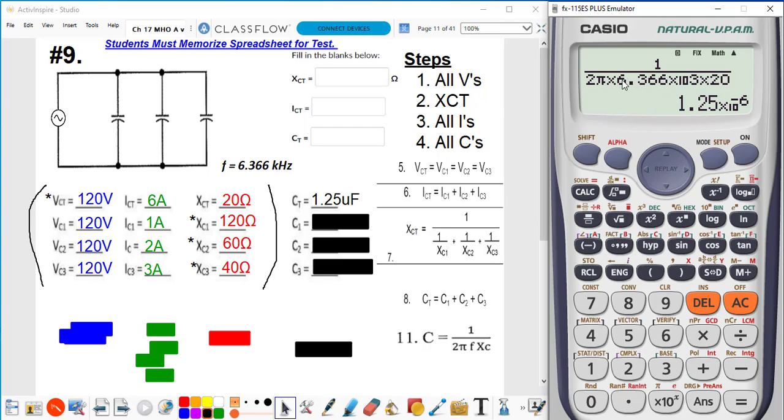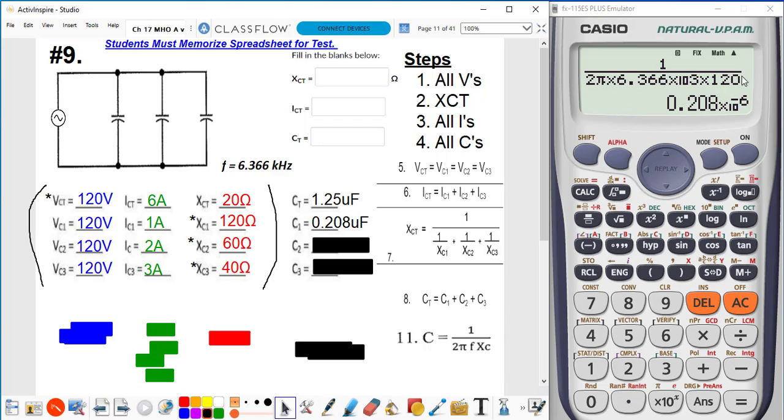Alright, so next we're going to change this 20 to 120. Hit engineering. Alright, now see, this one's in nano. So in this case, we're going to go shift engineering because we want all of these answers in micro. So it's 0.208 micro. Alright, in order to get C2, we've got to change XC2.